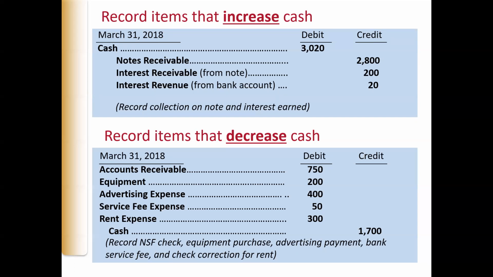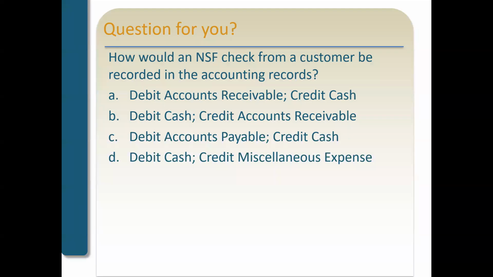Remember, we only record transactions to the company that affect only the company side of the bank reconciliation. How would an NSF check from a customer be recorded in the accounting records, guys? Would it be a debit to accounts receivable and a credit to cash?